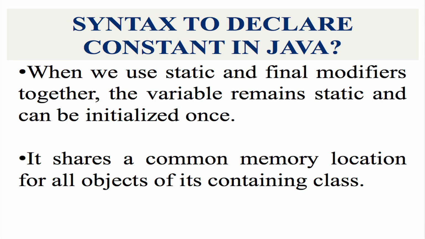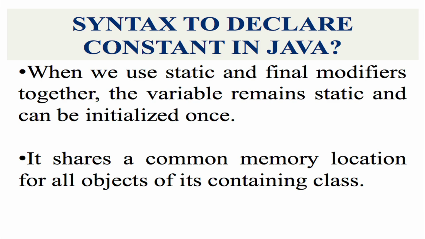Again, when we use the static and final modifiers together, the variable remains static and can be initialized once. You know this rule of a static variable: it is initialized only once, and after that it can be changed accordingly in any class.